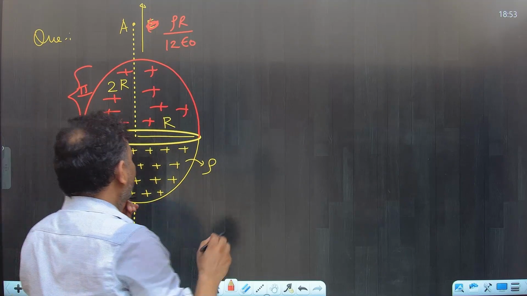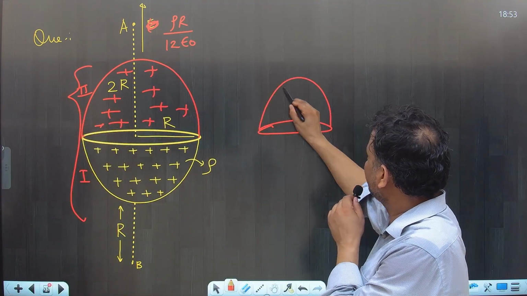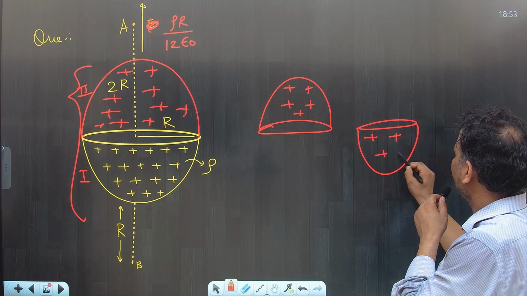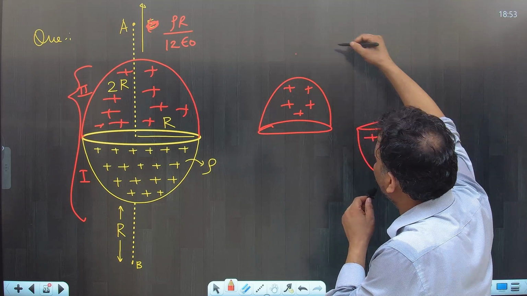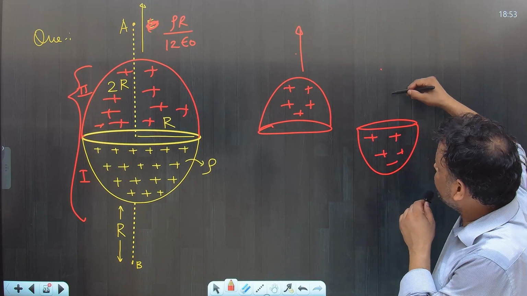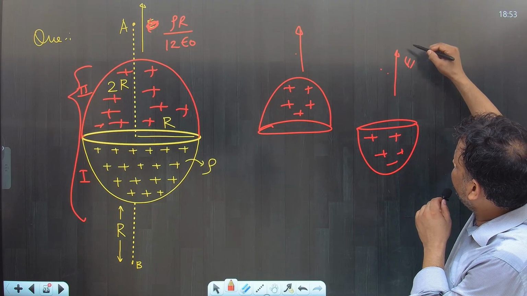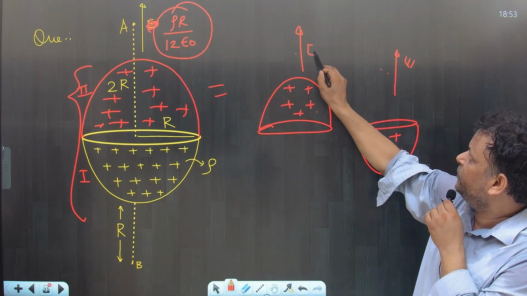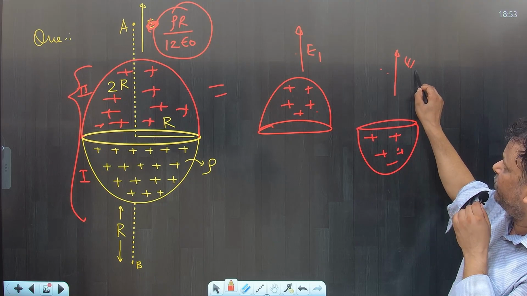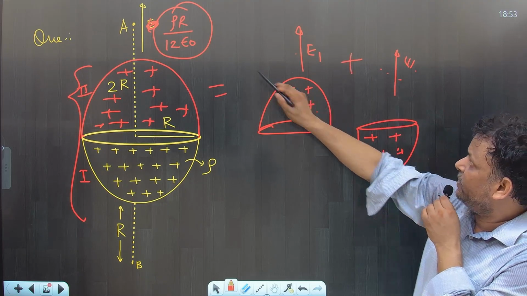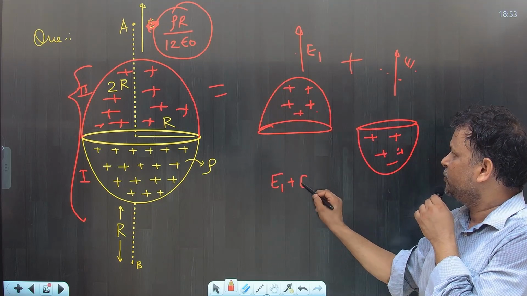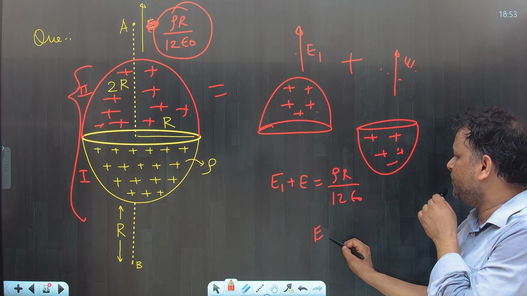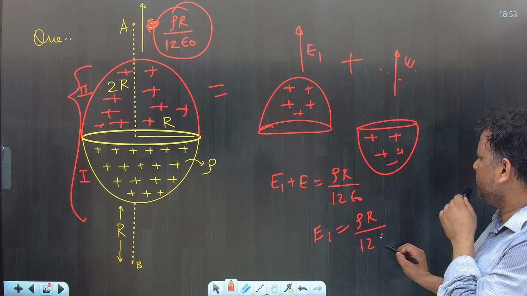So you will say that due to this system and this system together at point A, due to this system it was E, and due to this system it was E1. It was given E, and E1 plus E together were giving rho r by 12 epsilon. So obviously E1 will be rho r by 12 epsilon minus E.